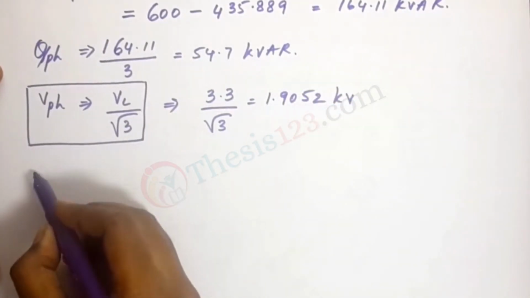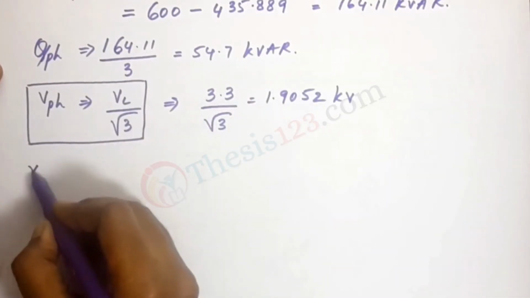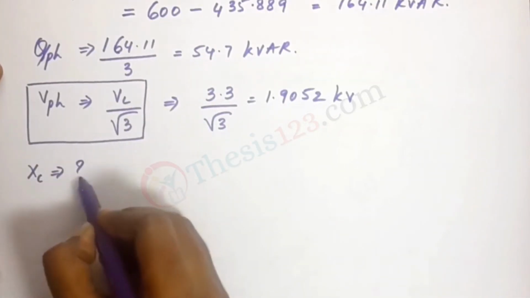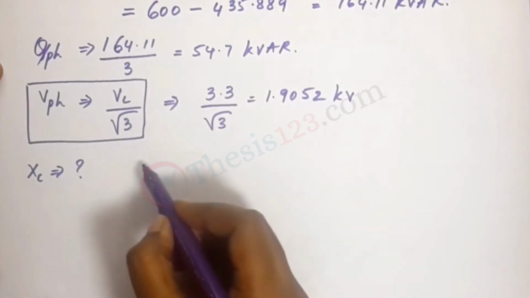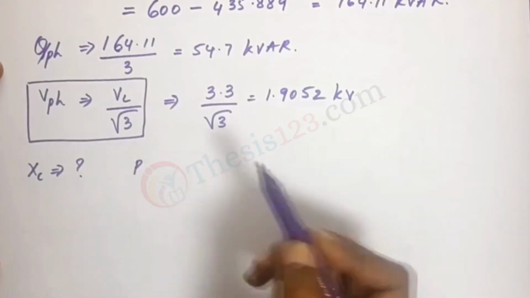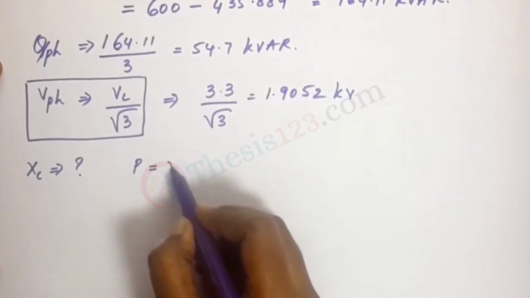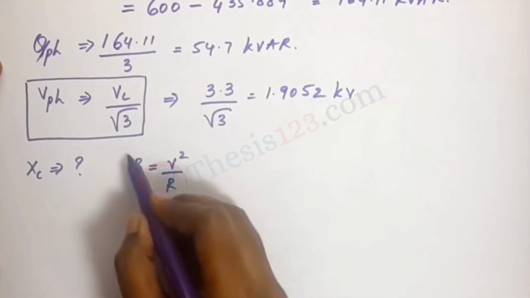So the next step is to find out XC, the capacitive reactance. Consider the basic formula for power. Now we know that power in terms of voltage and resistance is V square by R, right?